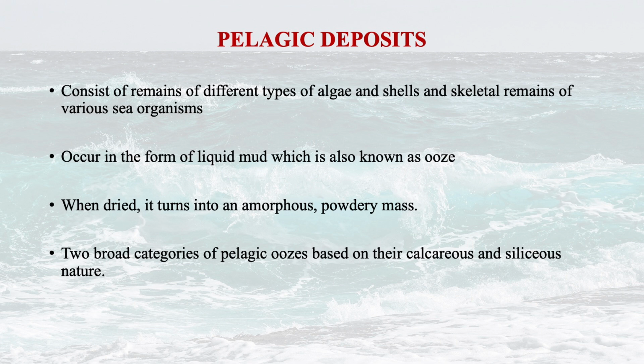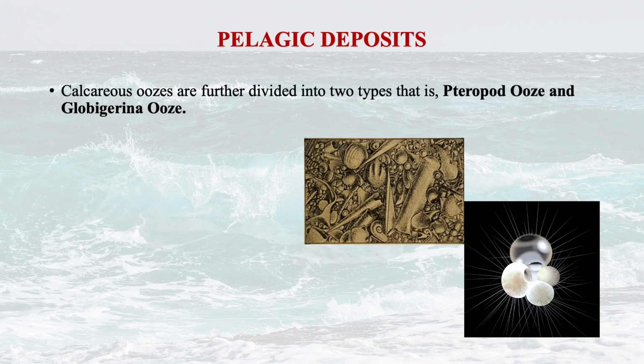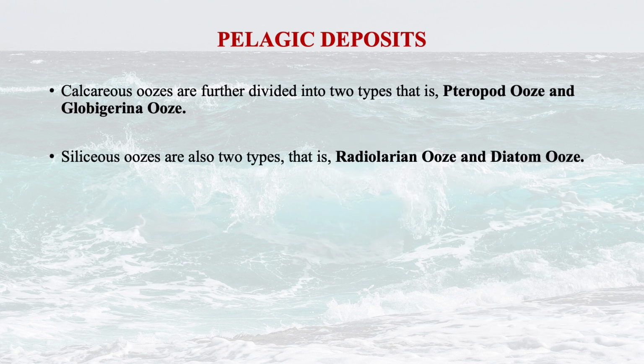Now there are two broad categories of pelagic oozes based on their calcareous and siliceous nature. Calcareous oozes are further divided into pteropod ooze and Globigerina ooze, and siliceous oozes are also of two types, that is radiolarian ooze and diatom ooze. Now let us study briefly about them.